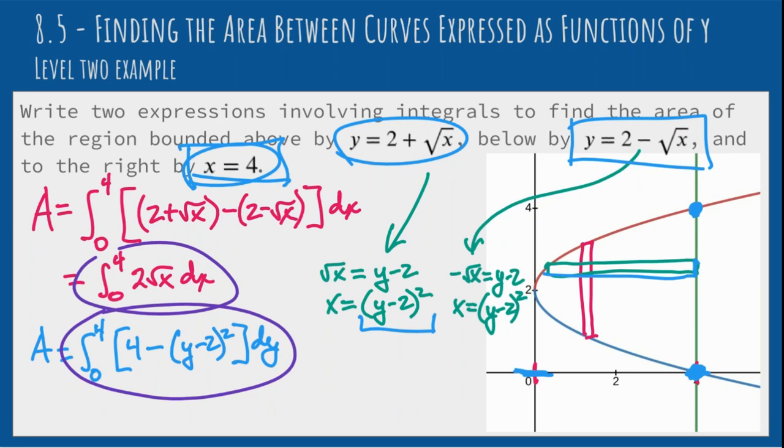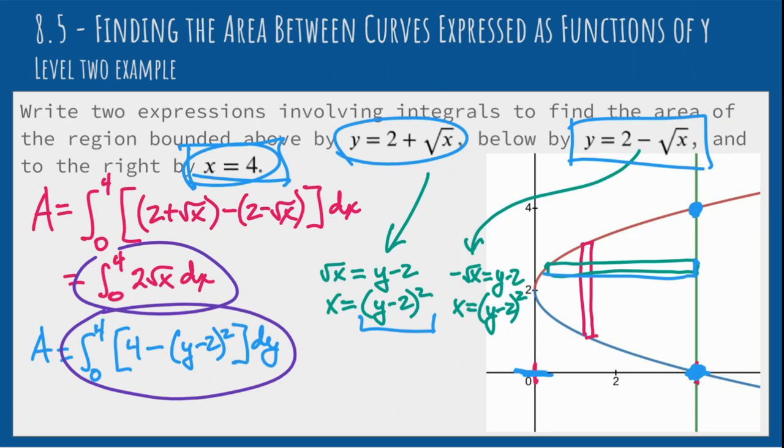So if I were going to choose one of these to evaluate, I would choose the one with respect to x. There are a lot of situations, though, where we get a much simpler one with respect to y. And so by doing this with respect to y, we can write an expression that's a lot easier to evaluate than the one we would get with respect to x.